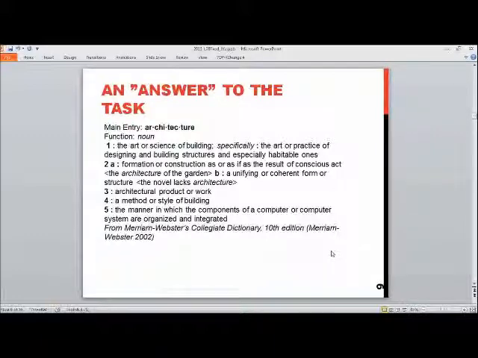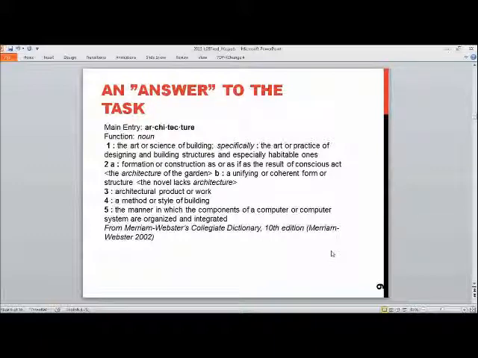Well, there's another definition of architecture by the Merriam-Webster dictionary, which defines the most common ways people understand architecture. Well, of course, it's the art or science of building. That's the most traditional way to understand what architecture is.